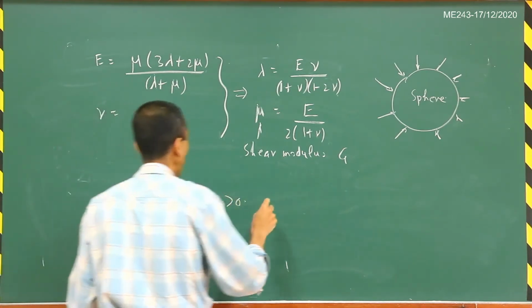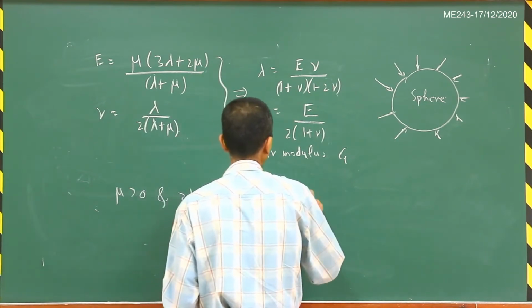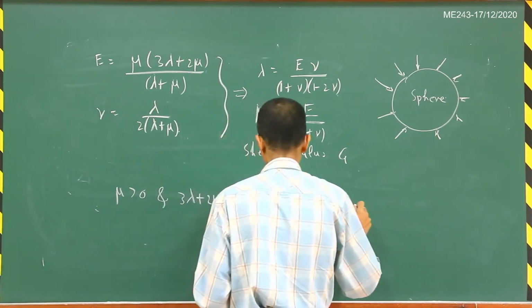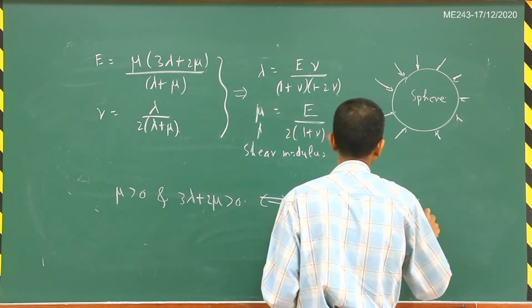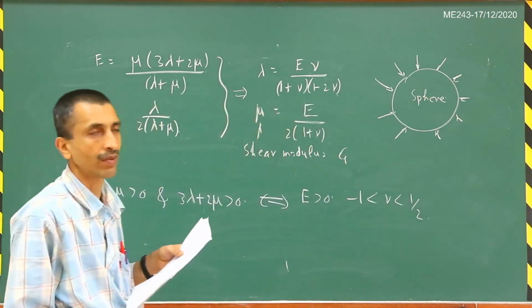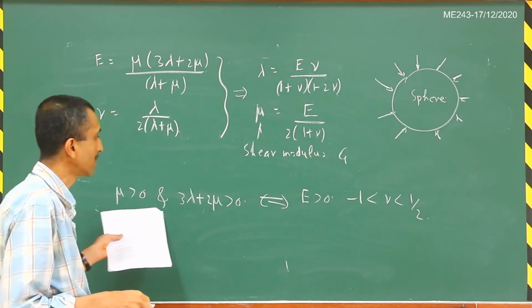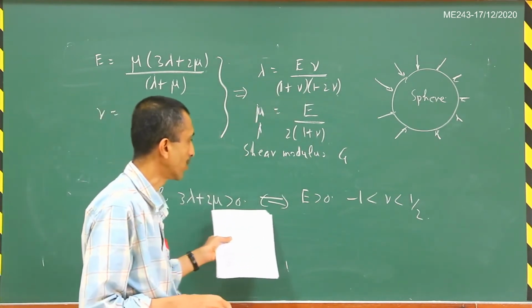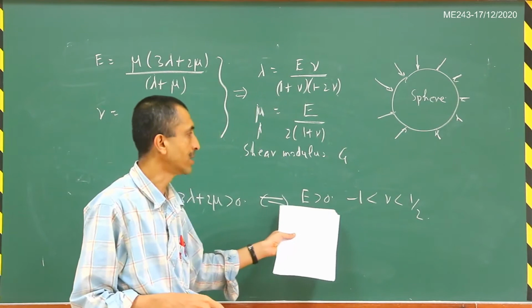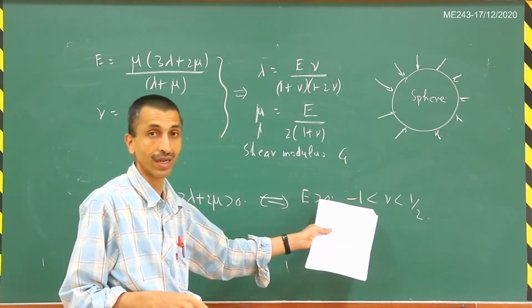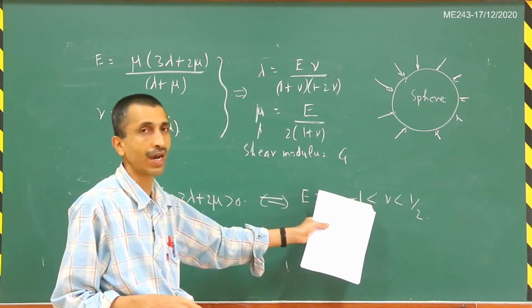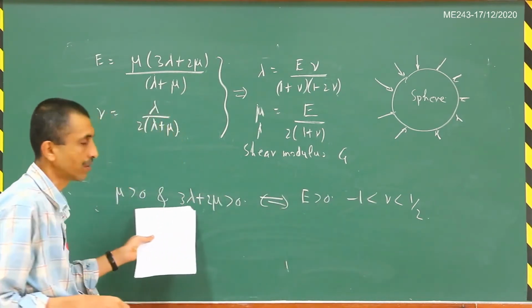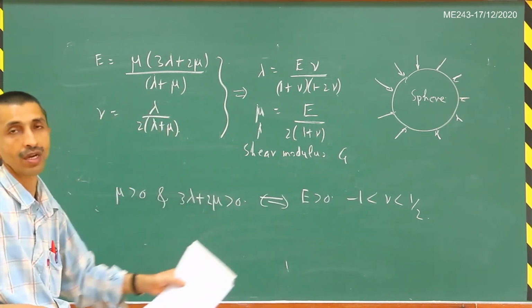So this implies that E is greater than 0 and minus 1 less than mu less than half. Okay, so these are the bounds that you get. And conversely, E greater than 0 and minus 1 less than mu less than half implies that mu greater than 0 and 3 lambda plus 2 mu greater than 0. So it's an if and only if kind of statement here.